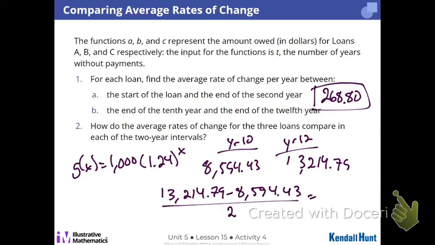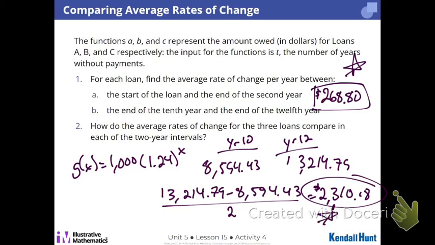So 13,214.79 minus 8,594.43, divided by 2, is 2,310.18. I was right. So this was the average rate of change for those 2 years. What do you expect is going to happen to the average rate of change as the years go by? Bigger and bigger, because this is not linear.